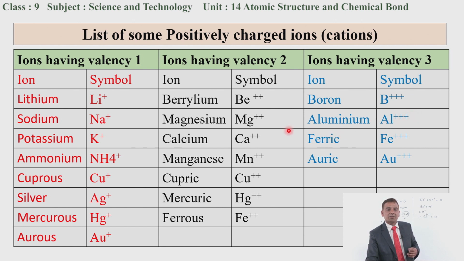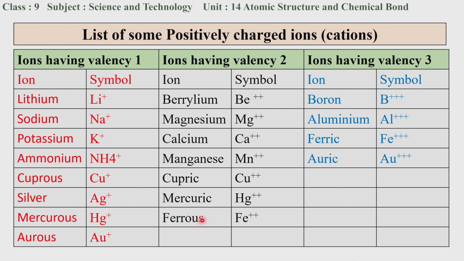And ferric, as we talked about ferrous: OUS indicates the lower valency state, as well as IC indicates the higher valency state. So this shows valency 2 because we are looking at OUS here, and this shows valency 3 because we are looking at IC as a suffix here. In the same way, in the context of auric also, you see OUS in the first state and IC in the third state. That means it shows the higher valency, valency 3, but aurous shows the valency only 1.